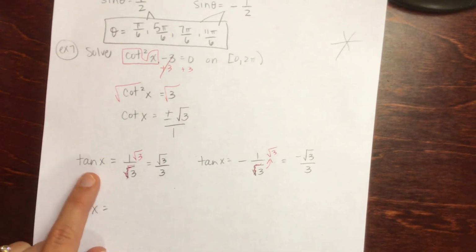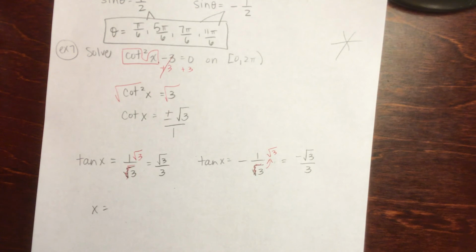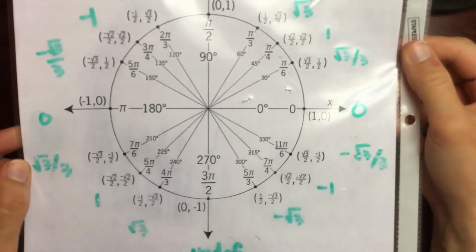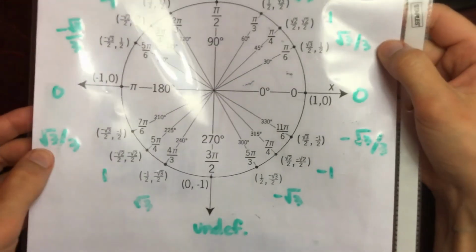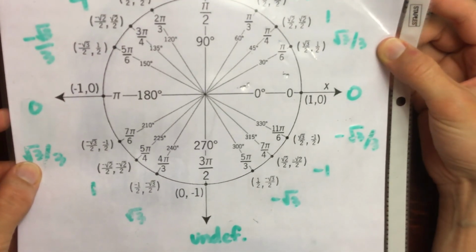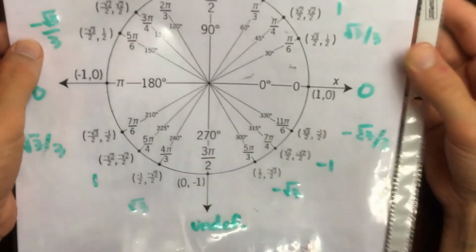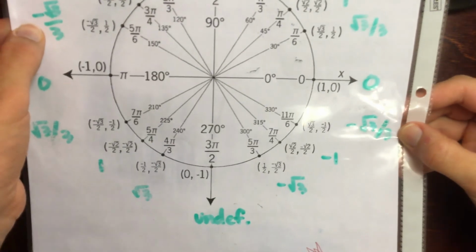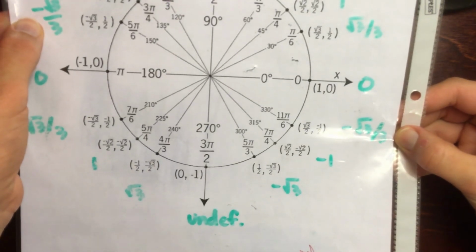So where is tangent equal to square root 3 over 3? And where is tangent equal to negative square root 3 over 3? That would be my positive square root 3 over 3s are here at pi over 6 and 7 pi over 6. And my negative square root 3 over 3s are here at 5 pi over 6 and 11 pi over 6.